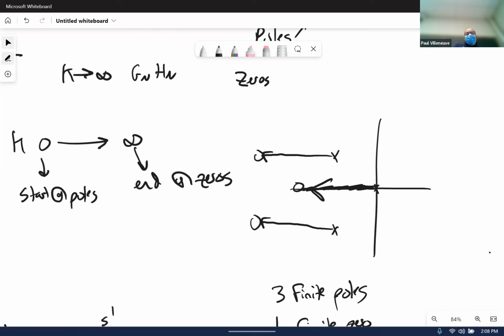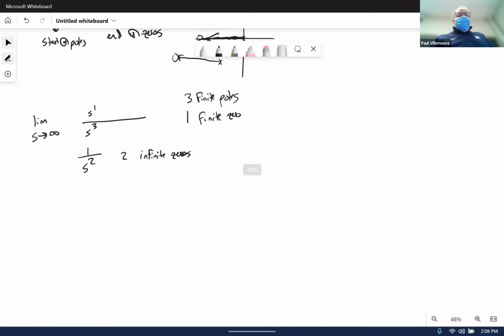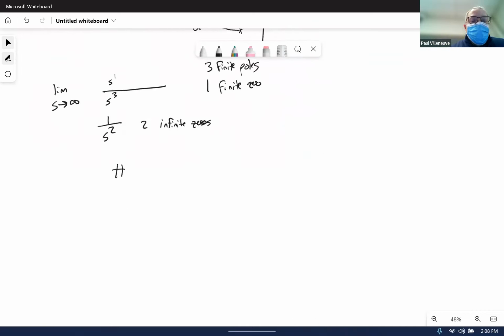So the idea between having those infinite poles and zeros is really so that we can make our root locus plots work out for us. We have to have 3 roots or three poles, which means we have 3 root loci. So one of the rules that we have is the number of branches or loci, and don't worry too much about the mathematical term, is equal to the number of poles.